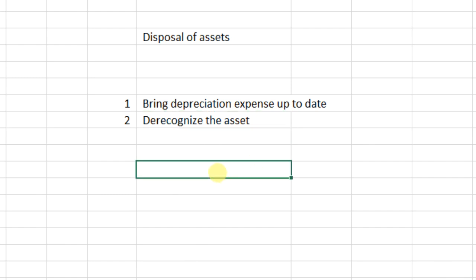I'm just going to make something up. So we purchase an asset. Let's just say it's equipment for $600,000 on April 20, year 1.